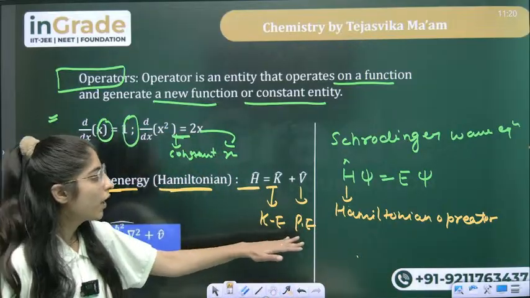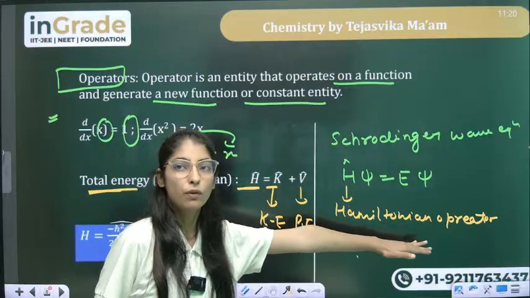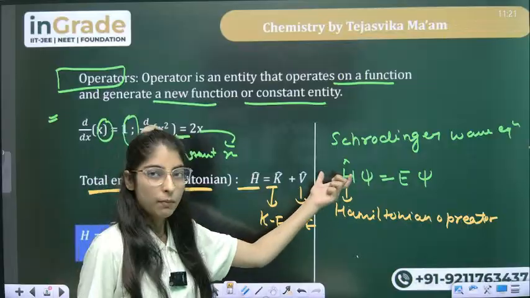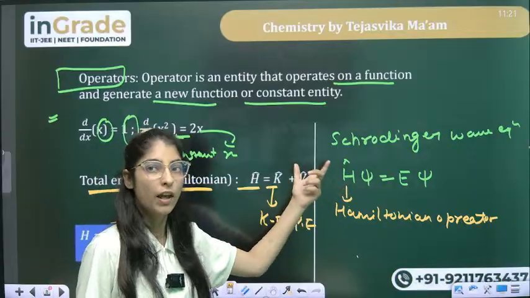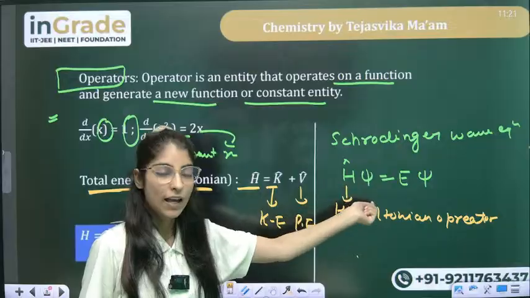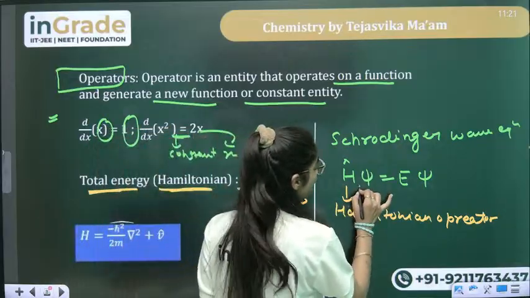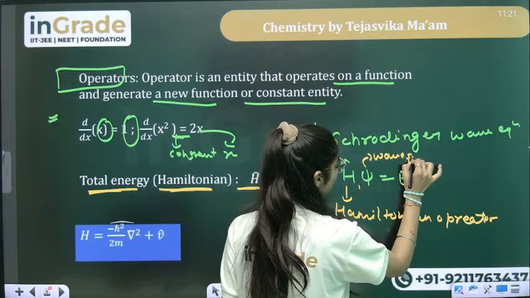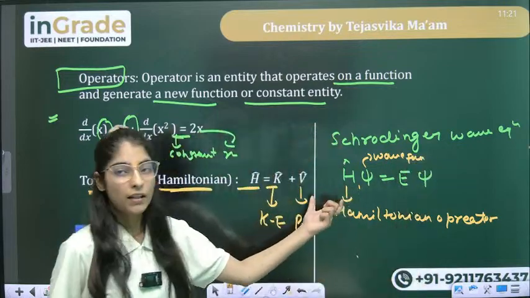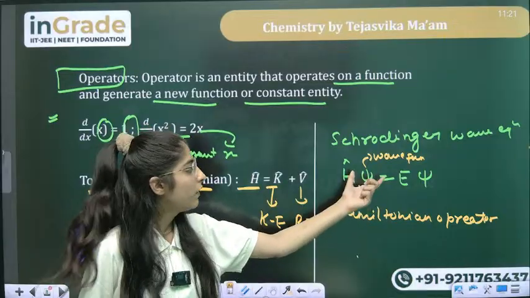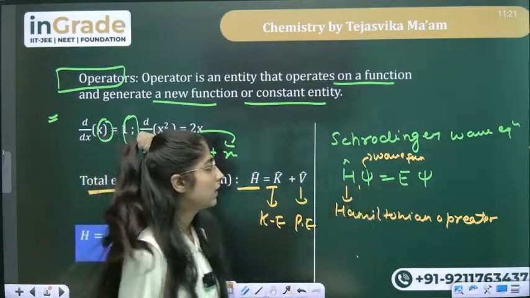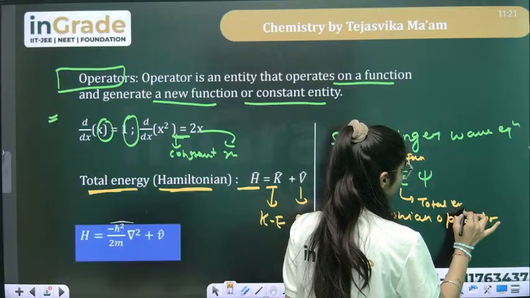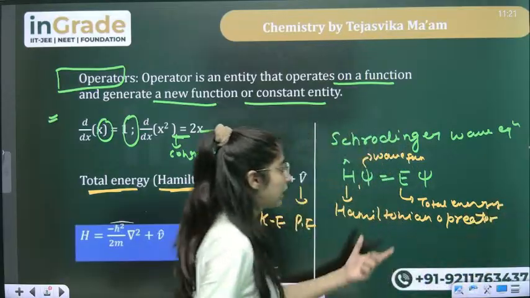Now I hope you are able to know what is the meaning of an operator. So here you are applying a mathematical tool, that is H, the Hamiltonian operator, over your psi. See here, psi is a wave function. I am writing it here. This is your wave function. After applying this operator over the wave function, we are getting the value E, that is the value of total energy, and we are getting psi again.